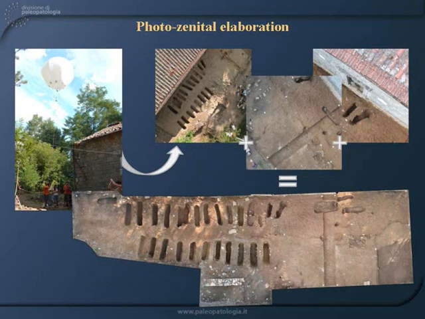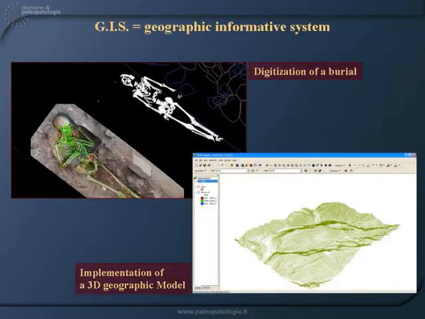Balloon aerial photography, by which an orthogonal prospect of the archaeological context is possible, and Geographic Informative System, GIS, the science that allows to view, interpret, and visualize data concerning maps, globes, reports, and charts.